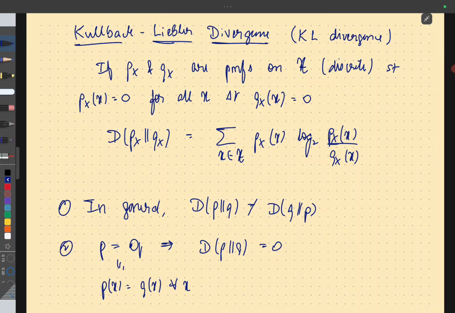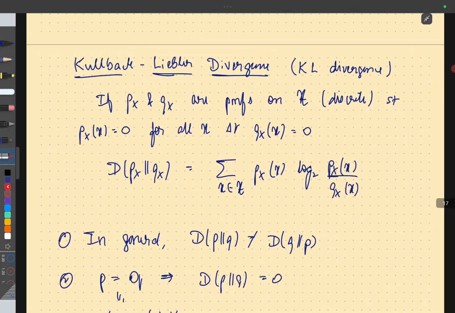In the last class, I introduced this new quantity called the KL divergence. Given any pair of distributions P and Q, the KL divergence is the quantity summation over all x, P of x log P of x by Q of x.